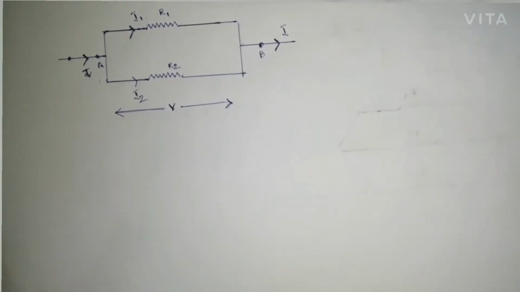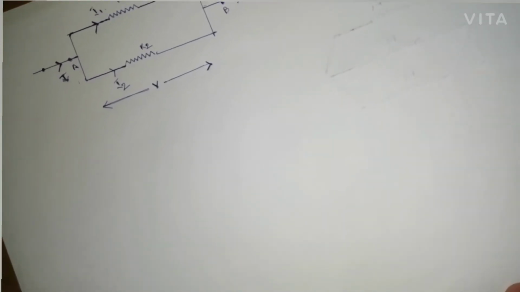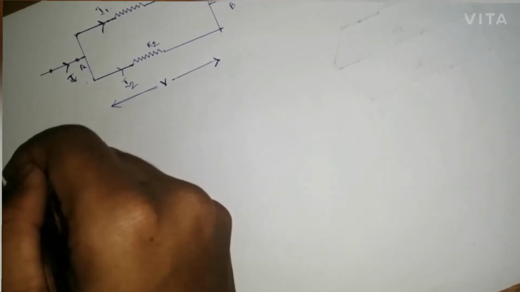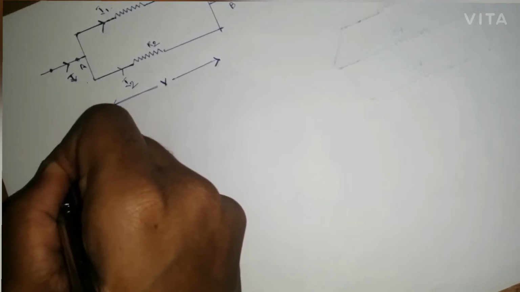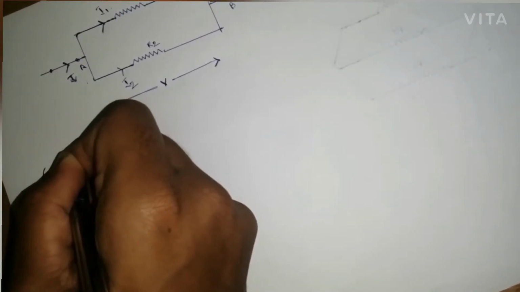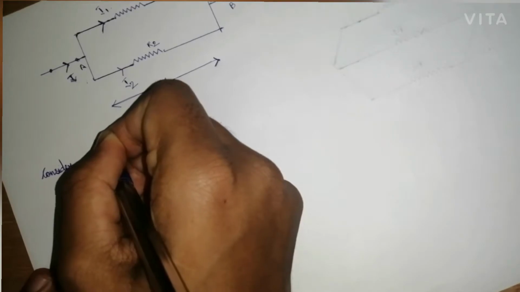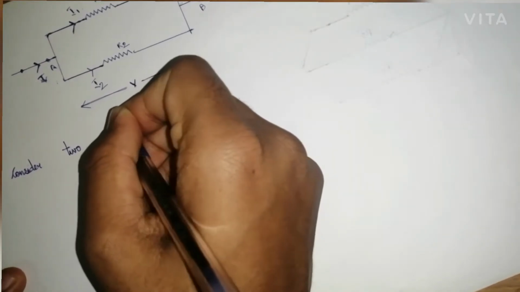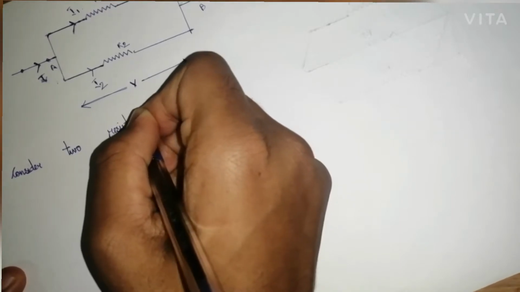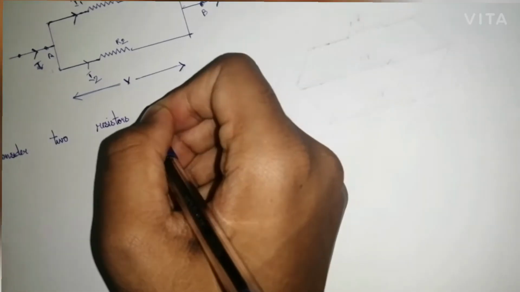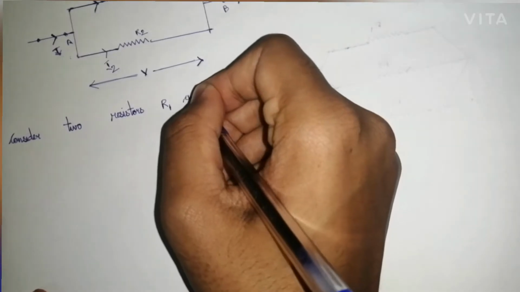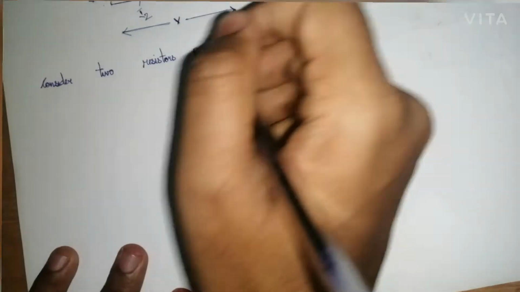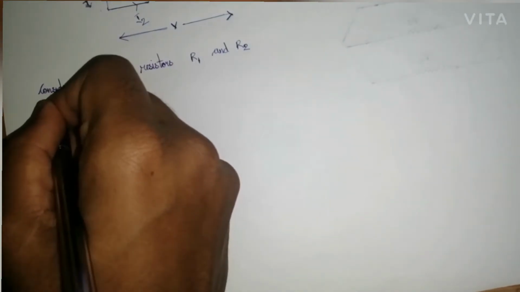As I have told you in my previous videos, you have to write some description points before starting the derivation. That is, consider two resistors R1 and R2 connected in parallel.